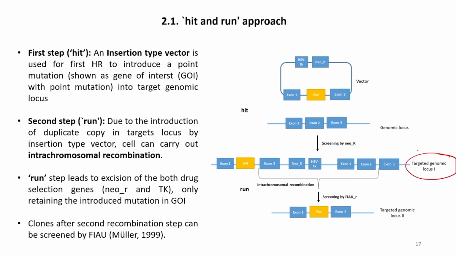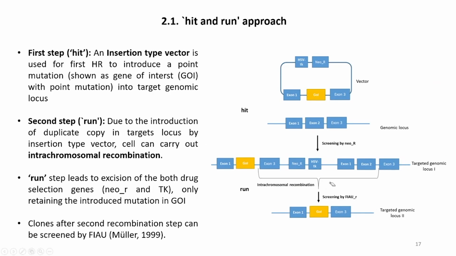Here you can see the target genomic locus 1. This has exon 1, the gene of interest, exon 3 and neomycin resistance, and if you read it from this side you can understand the sequence up to here, and then this is flanked by the 3 exons of the targeted genomic locus 1.